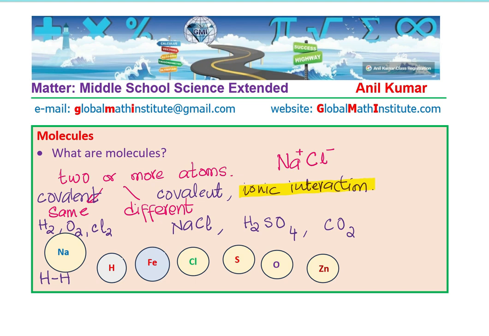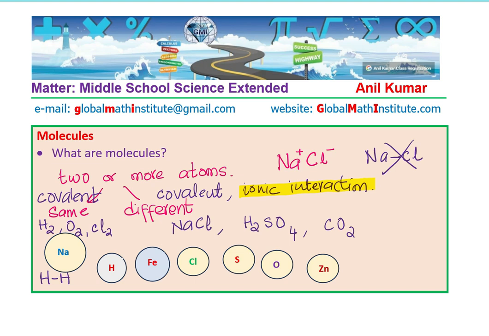Whenever ionic interactions are taking place, it makes more sense to write Na+ Cl- as shown here rather than Na-Cl with a line, right? So, that is incorrect. And therefore, we do not want to use the term ionic bond, but ionic interaction is a better term to be used. So I think you got a fairly good idea about what are molecules, right?